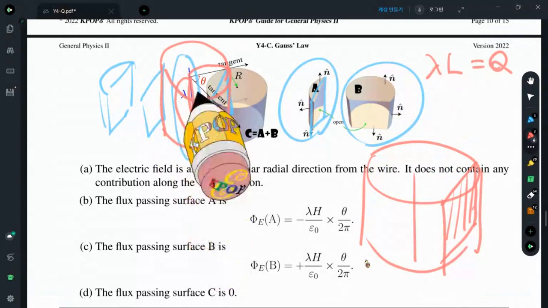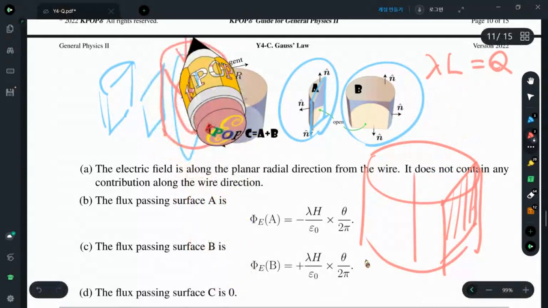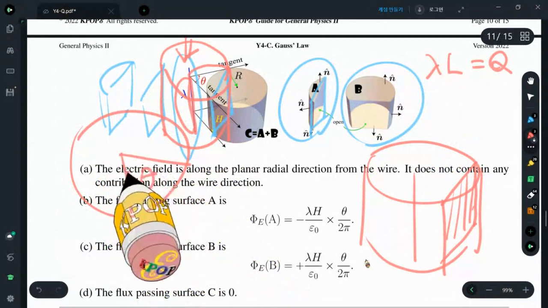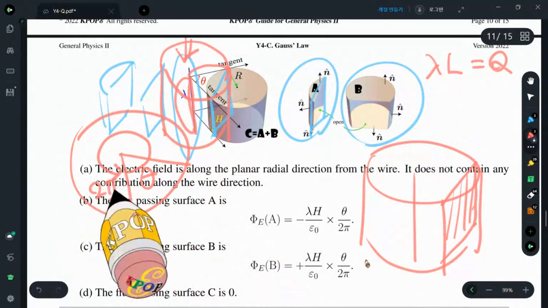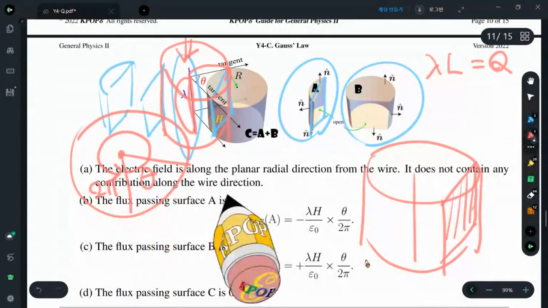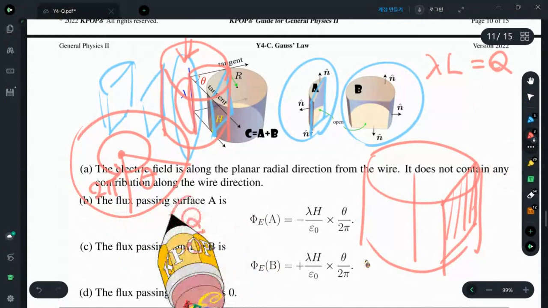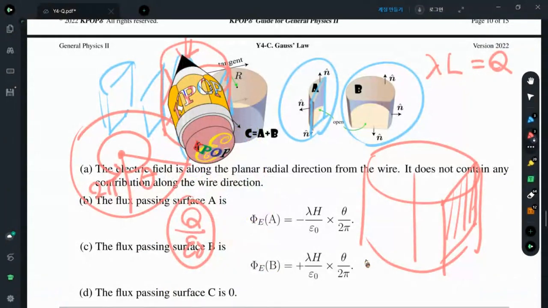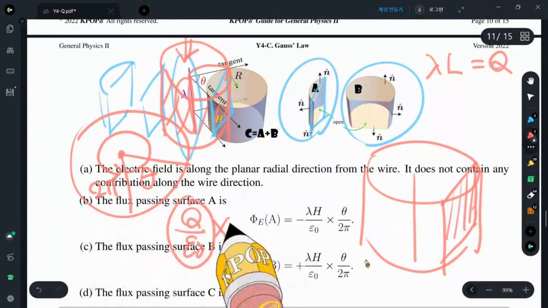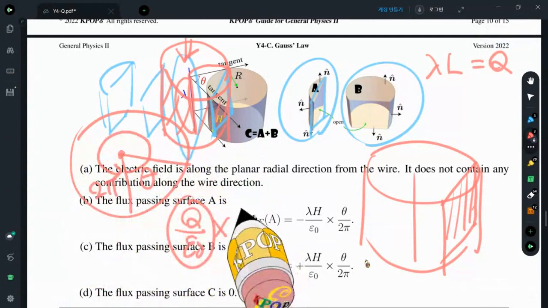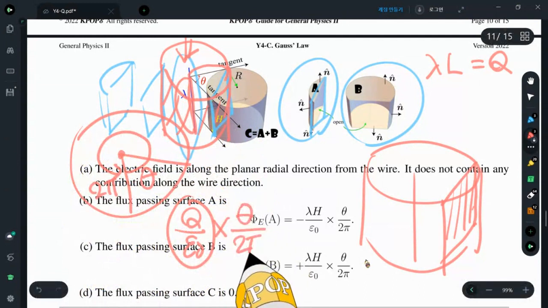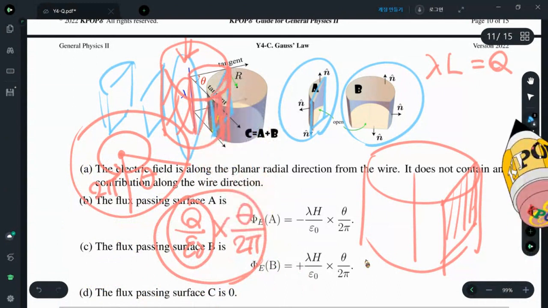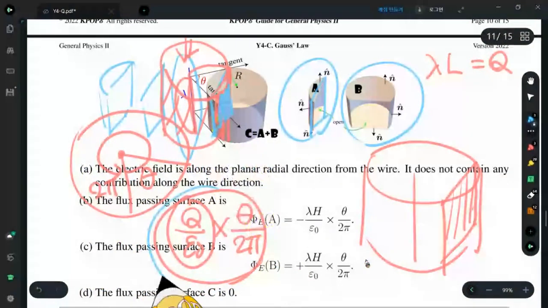Because of the symmetry, if you look at it from the top of this figure, you have angle theta, and the whole angle is 2 pi. The flux Q over epsilon 0 penetrates the whole surface. However, because it is uniform, only theta over 2 pi penetrates this surface.